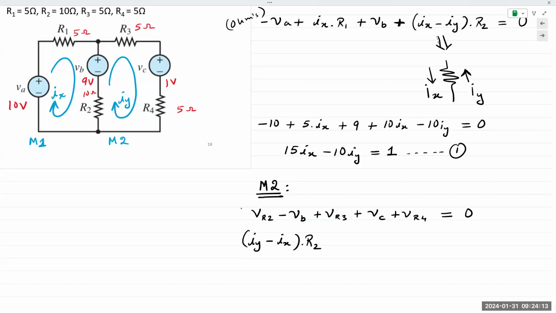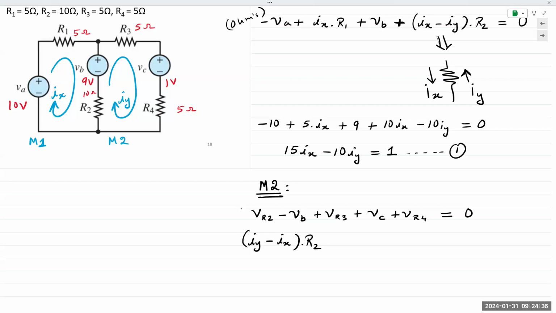Understanding this is the key to ensure that your analysis is correct. In the first mesh, it was Ix minus Iy. The same voltage, when you apply KVL for mesh 2, becomes Iy minus Ix.